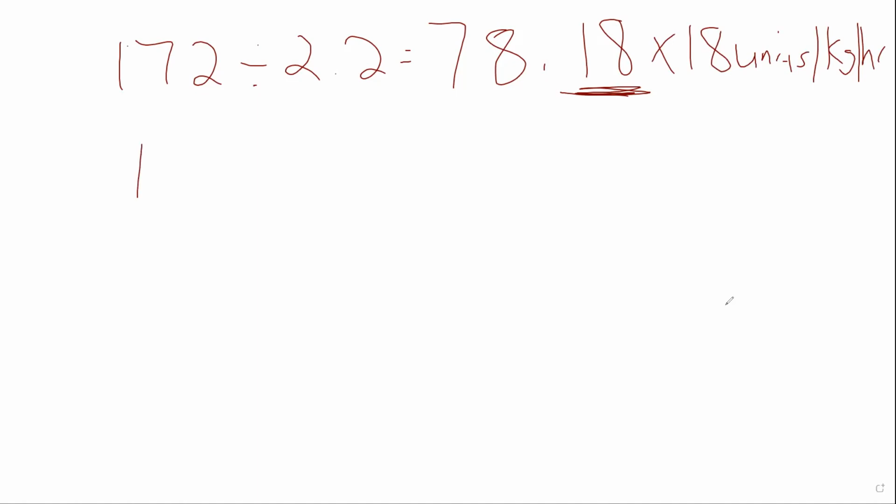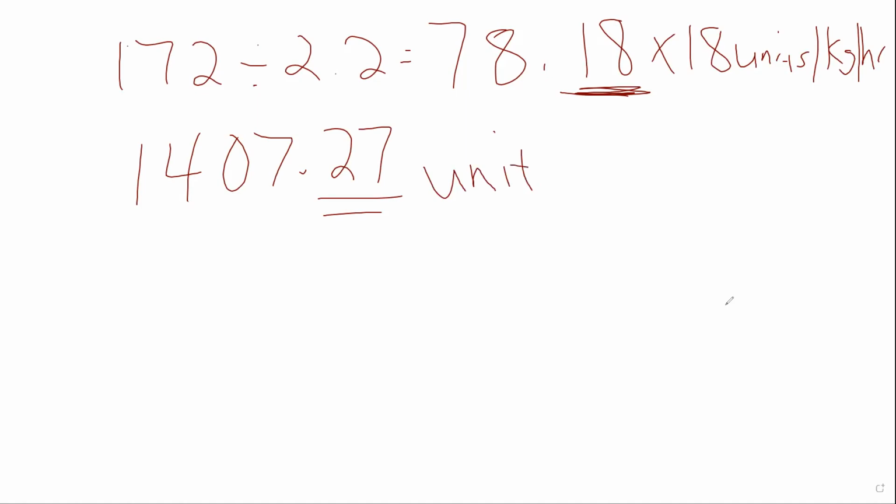And that's going to give us 1,407.27. Again, I'm going to put that line there because that represents infinity. And this is units now per hour. Okay, we have to get to mLs per hour, right? Because that's what the pump is going to be set in.